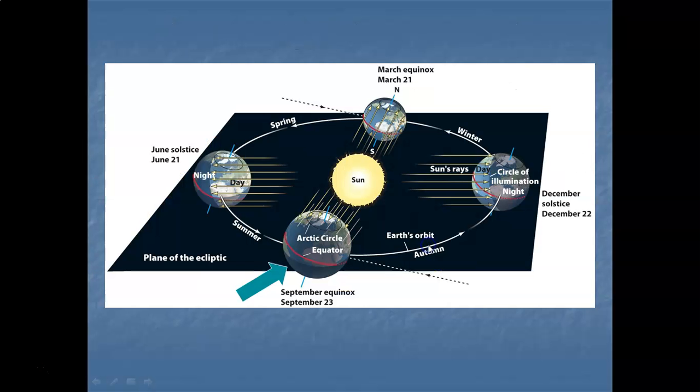Okay. So now we're going to be experiencing the 3 months of summer for us in the northern hemisphere. And so we're going to continue the Earth in its orbit through the end of June, July, August, September. And on or about September 21st, the Earth has reached another critical position.